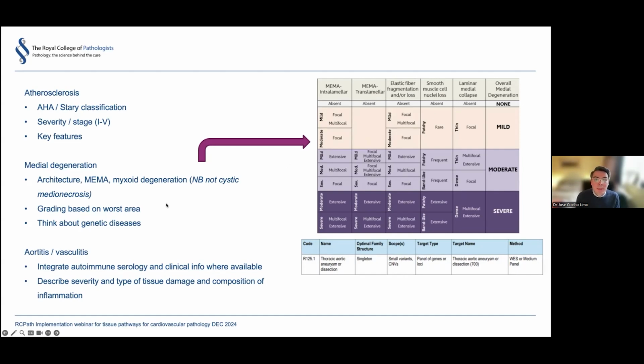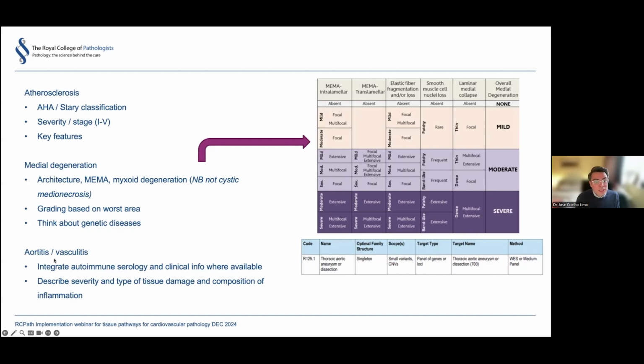The grading should be based on the worst area, and depending on the findings, think about genetic diseases. So if there is abundant mucoid extracellular matrix accumulation, one might think about diseases such as Marfan syndrome, for example, and that should prompt communication with the clinicians if this is not suspected and for consideration of genetic tests.